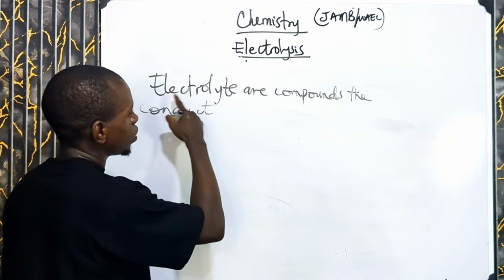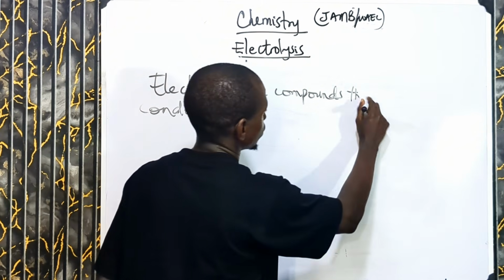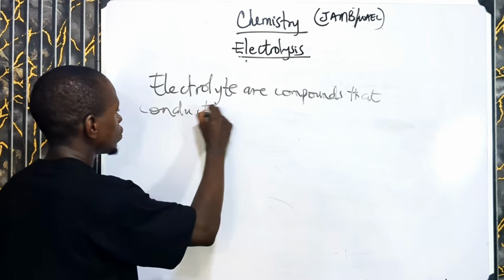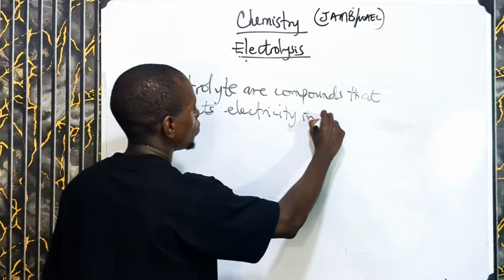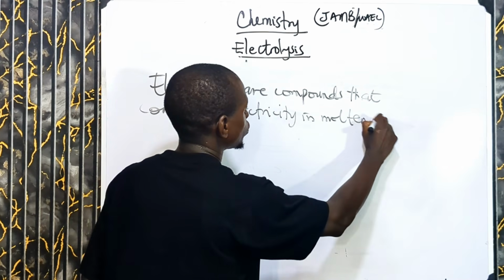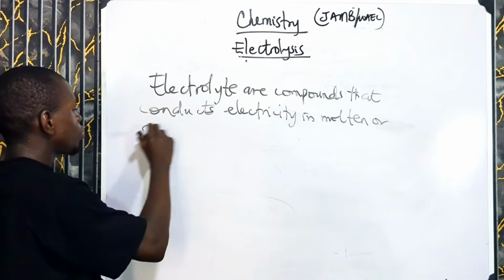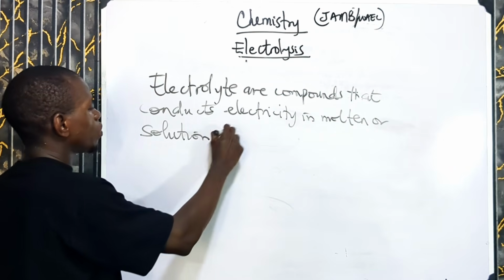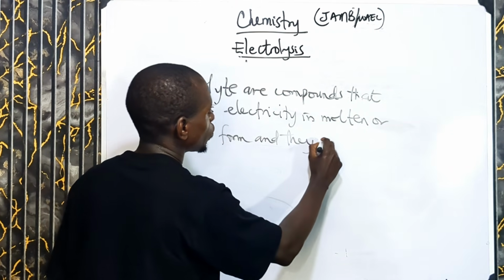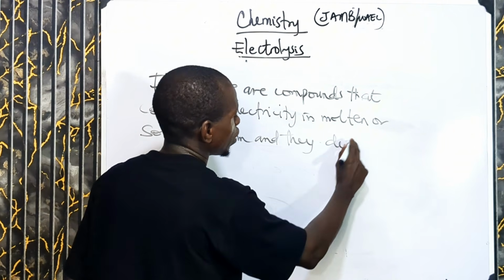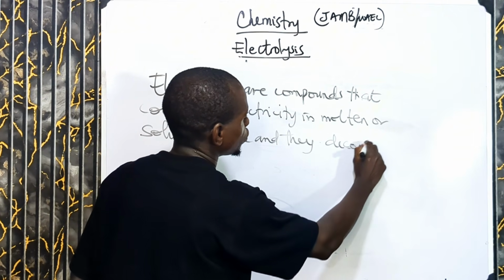So electrolytes are compounds that conduct electricity in molten or solution form. And they also decompose. We've already talked about this decomposition.